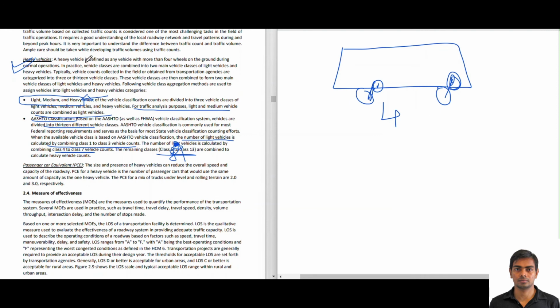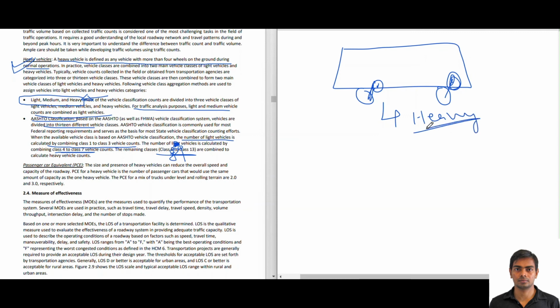So a heavy vehicle based on the Highway Capacity Manual is defined as any vehicle with more than 4 wheels on the ground during normal operation. If the number of wheels is greater than 4 during normal operations, then that is classified as a heavy vehicle.